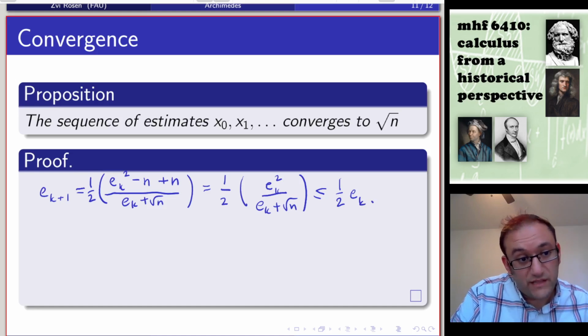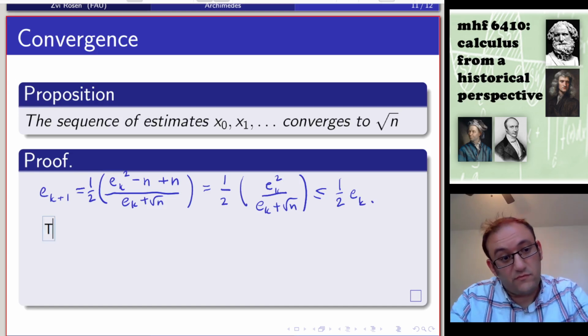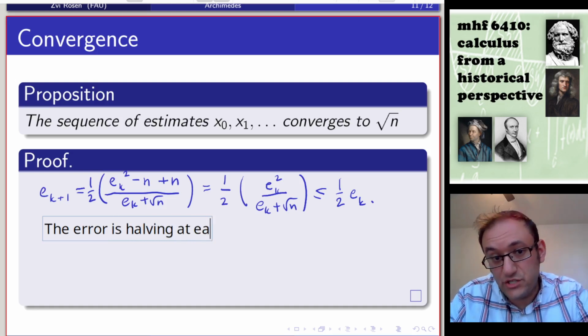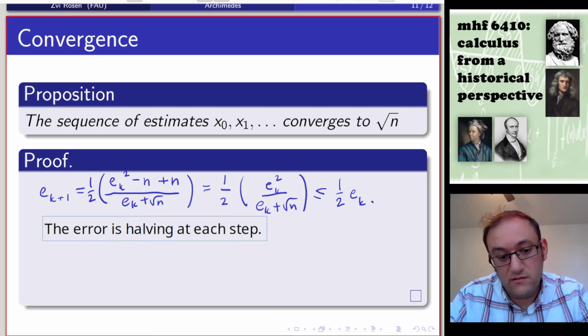So what this tells us is that the error is halving at each step. That means that we're going to get an error which is bounded above by 1/2 to the k.